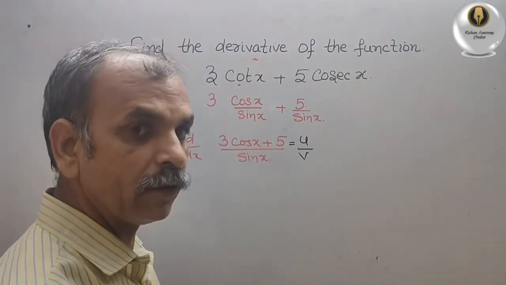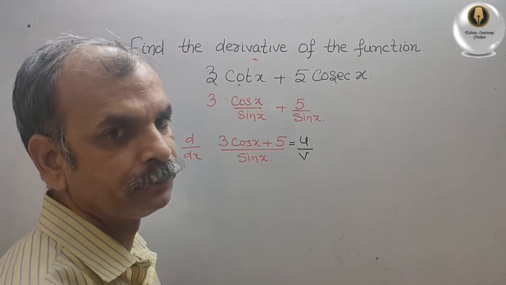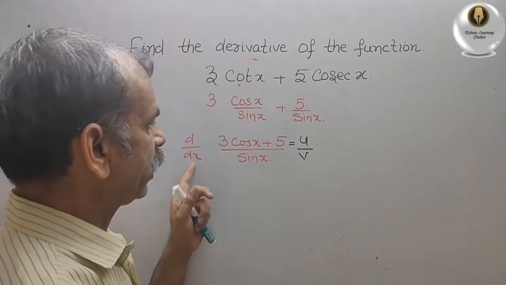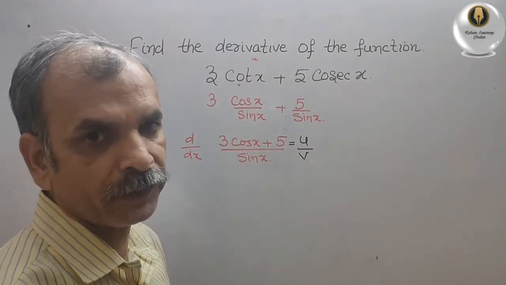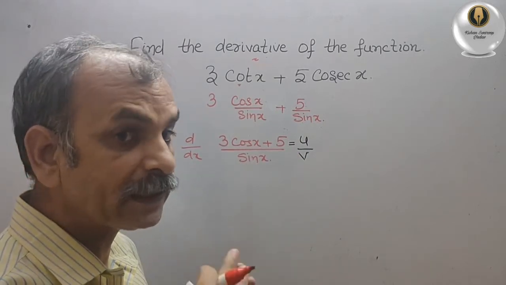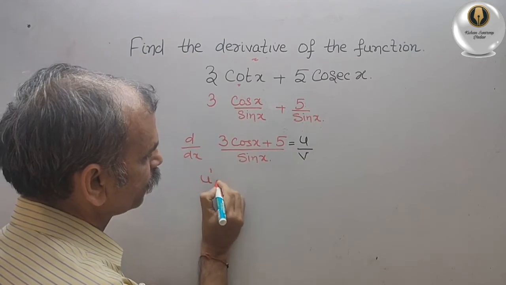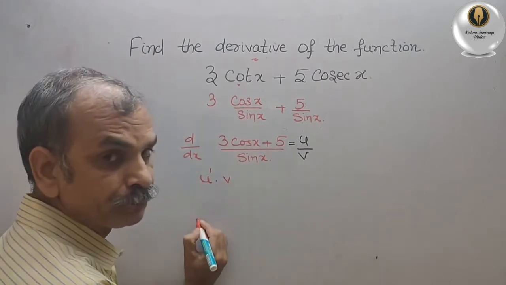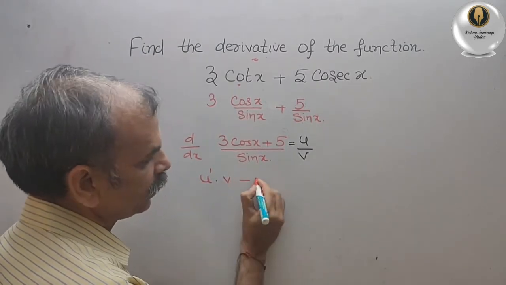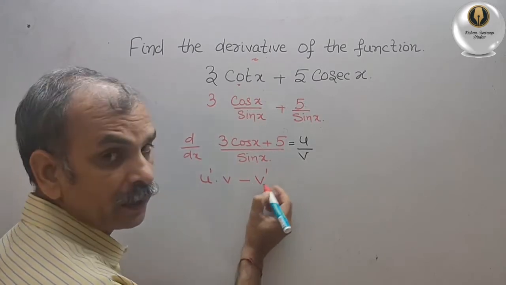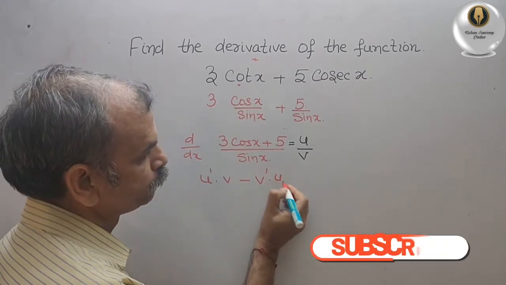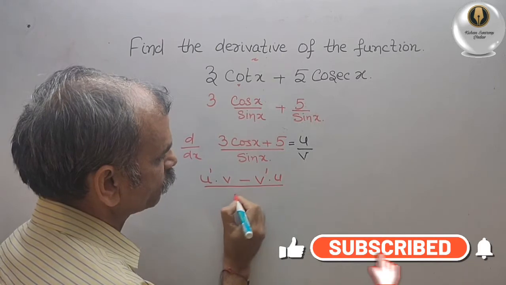Now we will write the formula for that. What is the derivative of u by v? That is equal to u dash into v minus derivative of v into u, by v square.